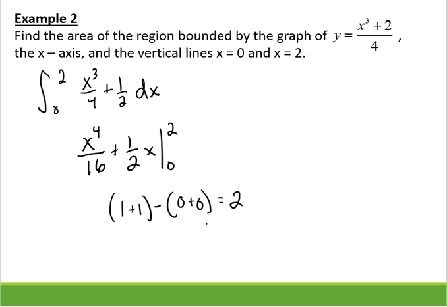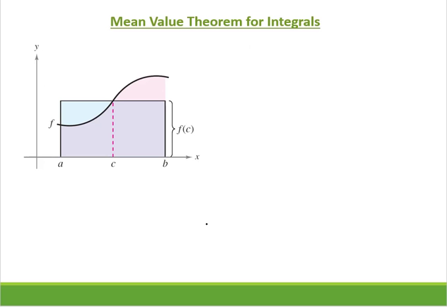Okay, so there is a good application of this, the mean value theorem for integrals. And this is going to lead us into another formula that we use a lot. Basically, there is some value c where the area at this c equals the area under the curve from a to b.